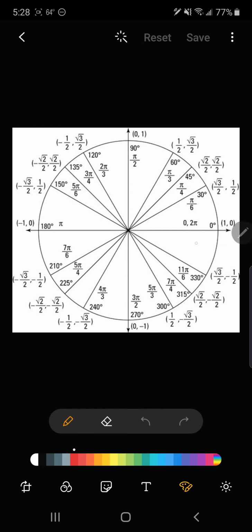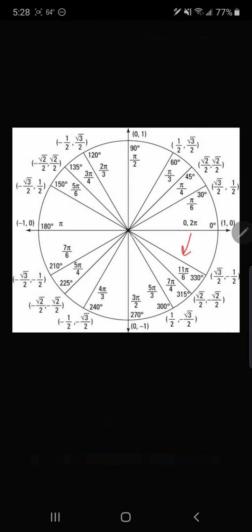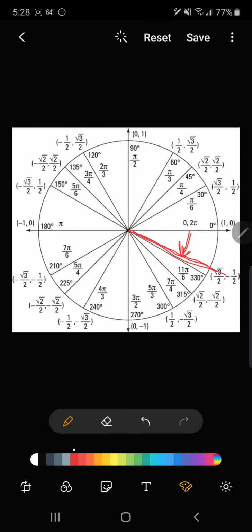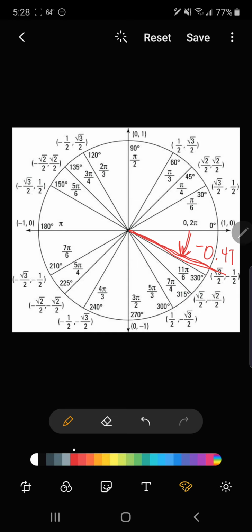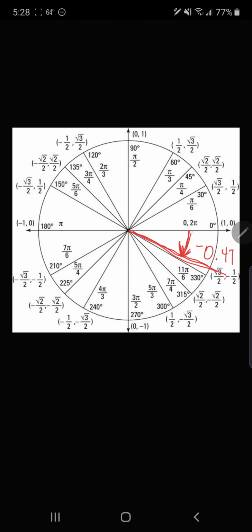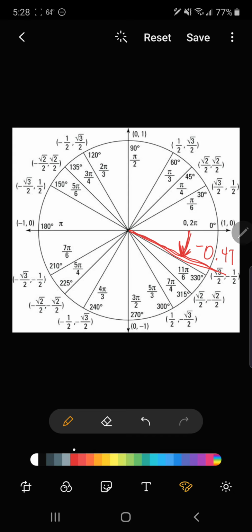If we pull up our note here, the angle is negative 0.47, going clockwise.